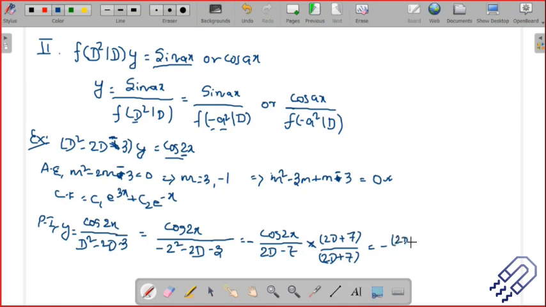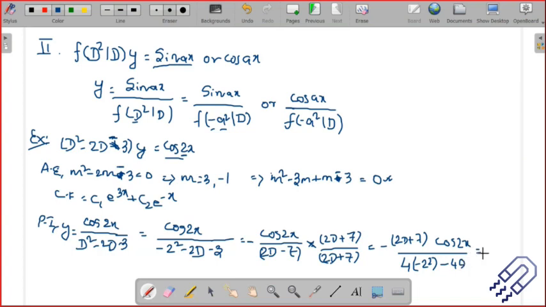So this is 2D plus 7 cos of 2x divided by, this is a plus b into a minus b, so it is 4D square minus 7 square. In place of D square, again I take minus of a square, so 4 times minus 2 square, minus 7 square is 49.